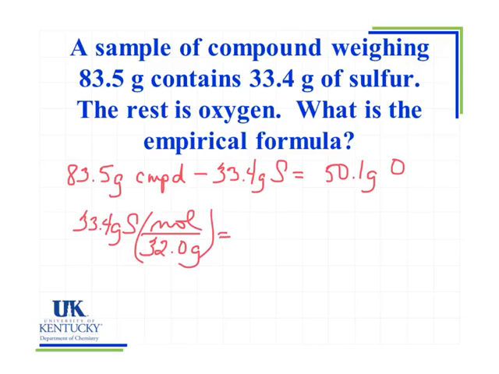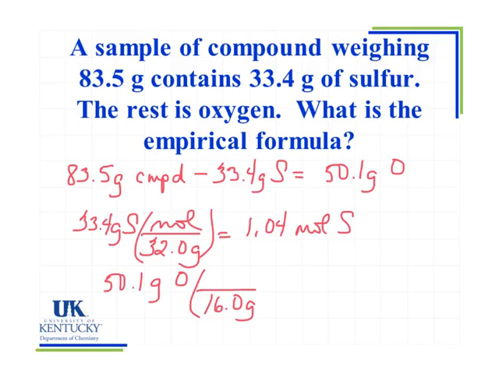That gives me 1.04 moles of sulfur. I'm going to do the same thing for my oxygen, but I have 50.1 grams of oxygen, and my molar mass of oxygen is 16.0 grams per mole, and that gives me 3.13 moles of oxygen.